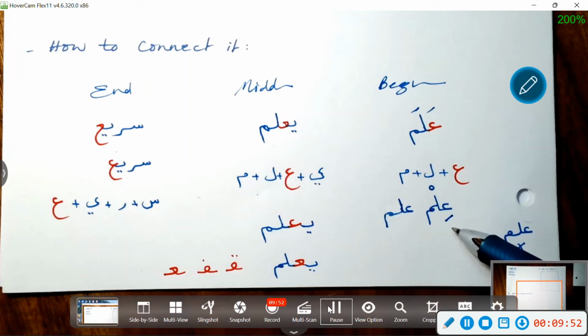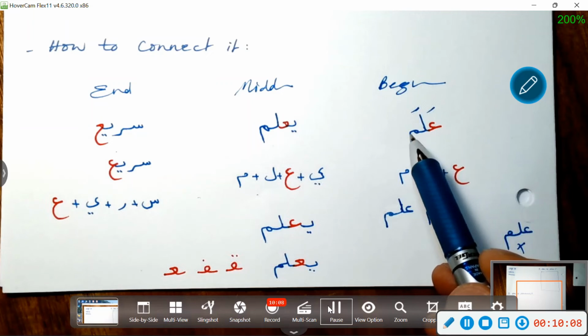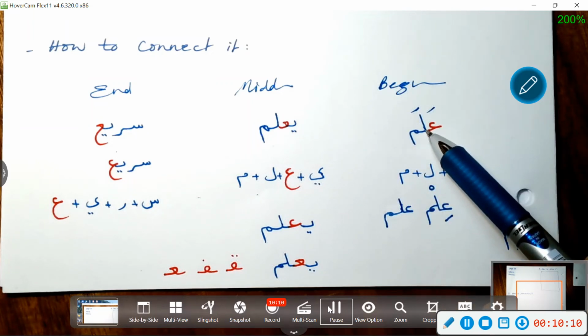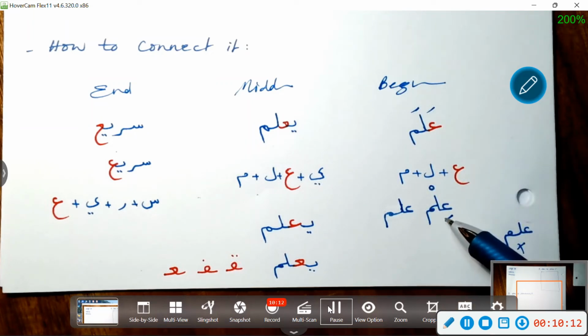Ilm. Lam is sakina. It means it has no harakat. It's not silent, but it's kind of quiet. Ilm. So this is alam. There is fatha over the lam. This is ilm. There is sukoon over the lam, kasra over the ayn.